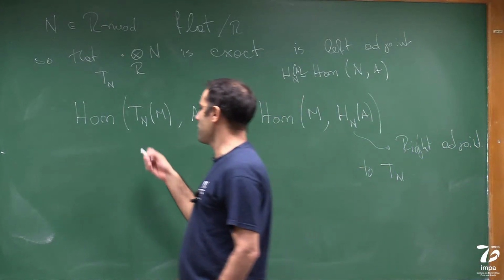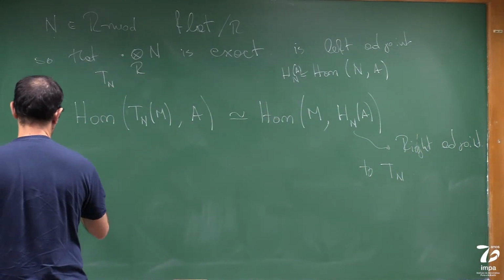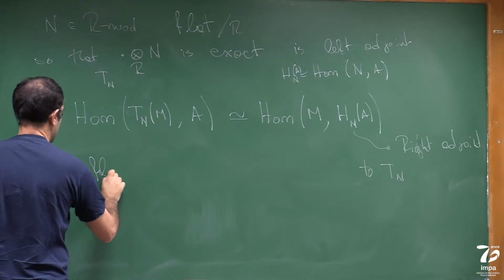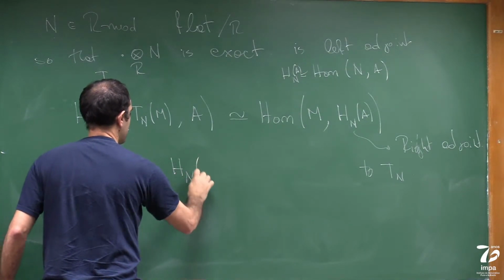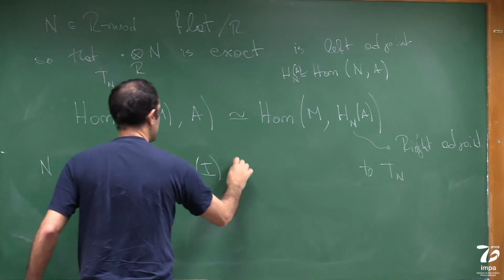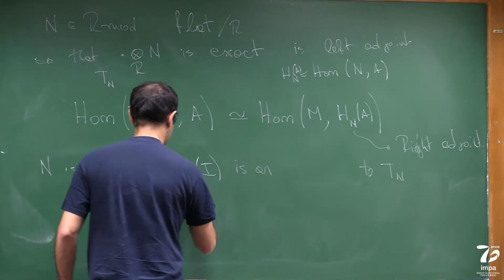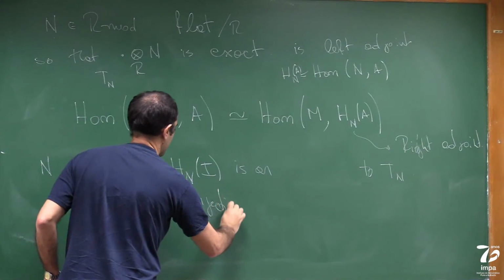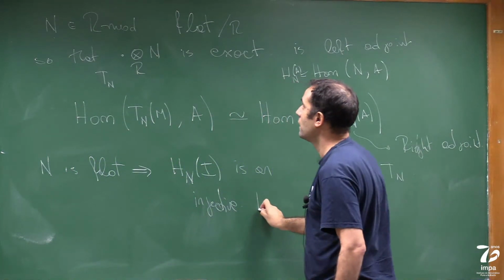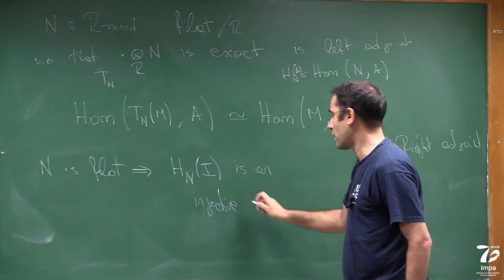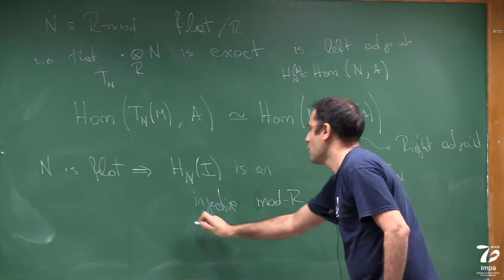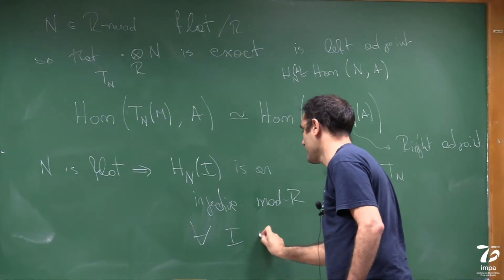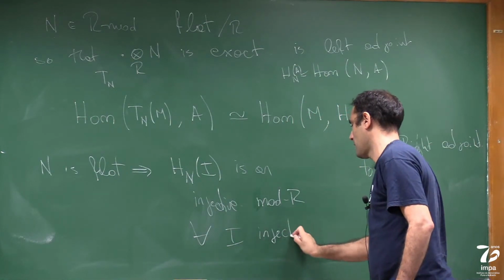So if N is flat, this implies H_N(I) is an injective R module, and this is a right R module, for every I injective abelian group.